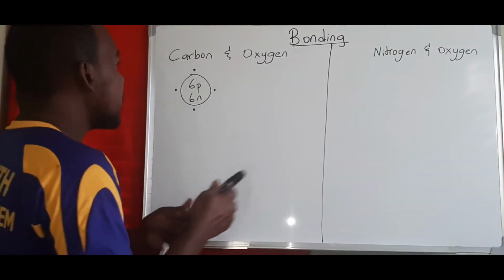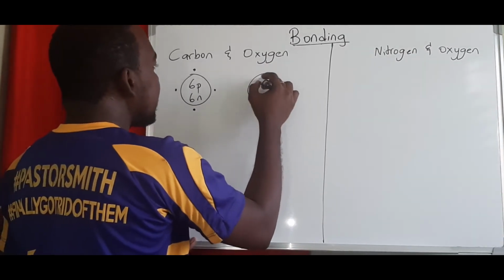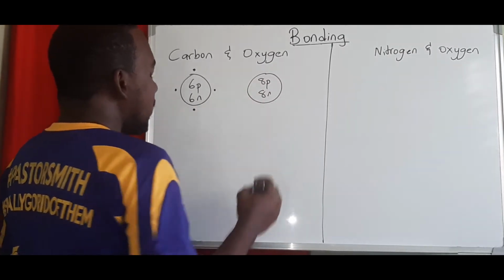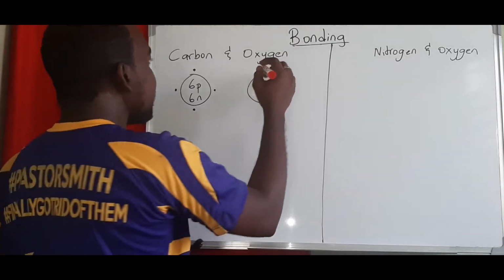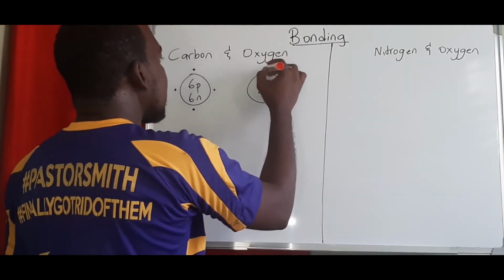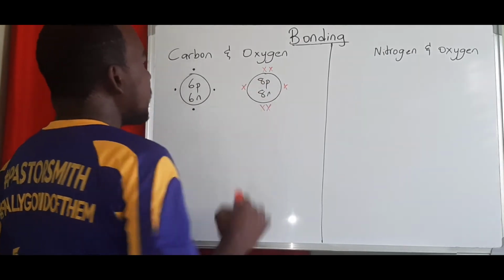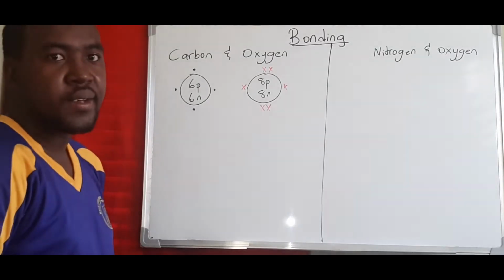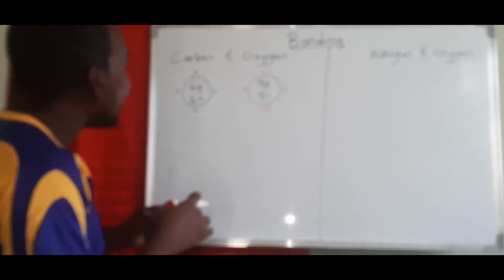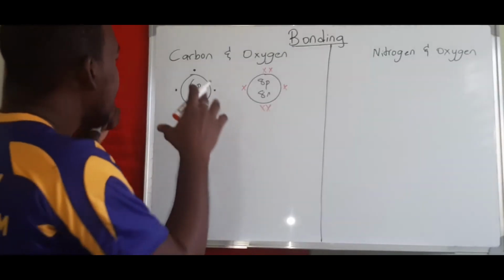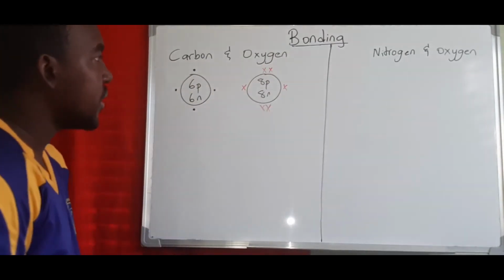And then we have oxygen, which is 8, right? And oxygen will have 6 on its outer shell. So we have that, all right? So in this case, we're going to have carbon and oxygen being bonded.